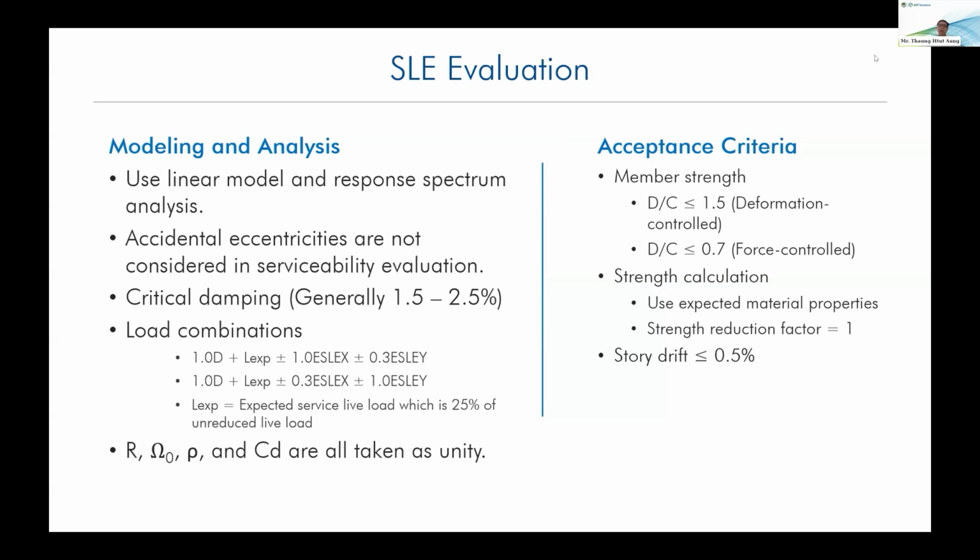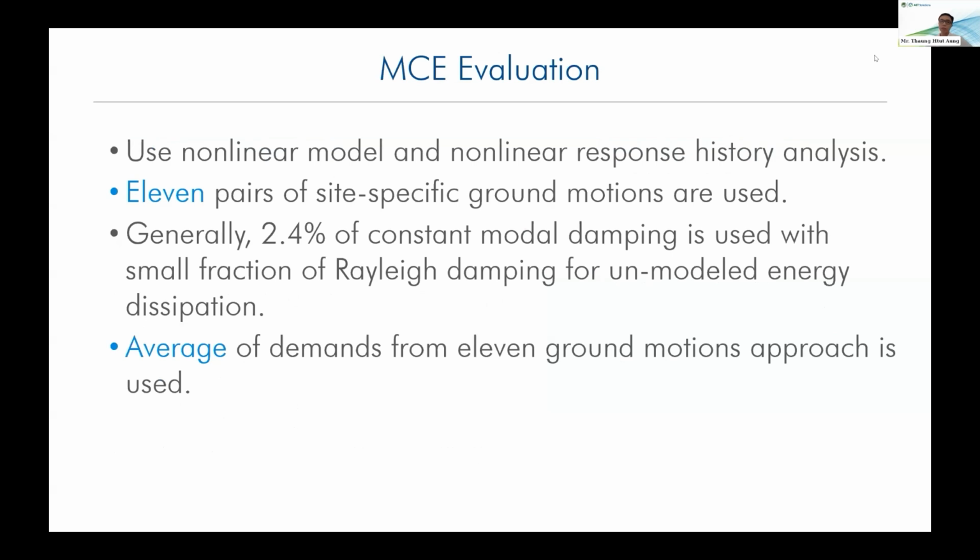And for acceptance criteria, we just check the demand to capacity ratios of members for deformation control actions according to their ductility. So for deformation control actions, we allow DC ratios 1.5. But for force control, we allow until only 0.7. And also we check the story drift limits with the 0.5% limit.